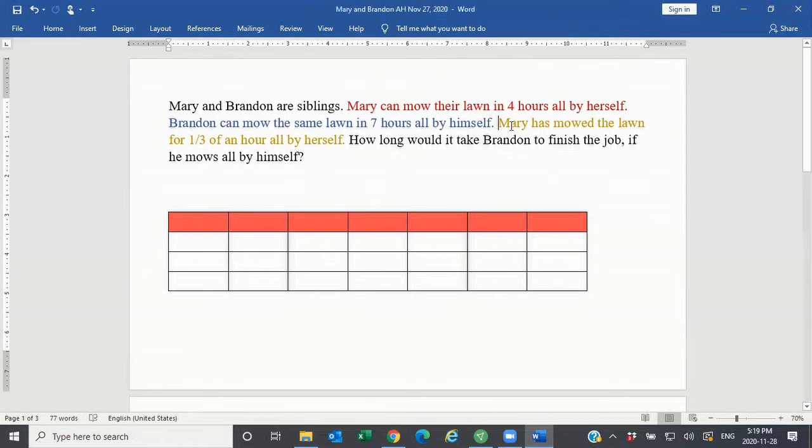It says Mary has mowed the lawn for 1/3 of an hour all by herself. Now, if this is what she could do in 1 hour, 1 row, 1/4, then in 1/3 of an hour she should be able to do 1/3 of this. If we divide 1 hour for her into 3 parts, it will look like this. This will be 1 part.